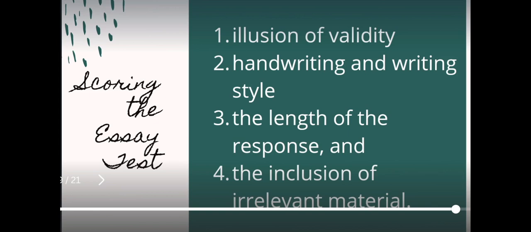Meaning, is it aligned to the intended learning outcomes you are measuring? Sometimes you are swayed immediately by the good grammar, the good way of writing, even the style and technique, and we may be trapped by this illusion of validity, because validity means the test measures what it is supposed to test.